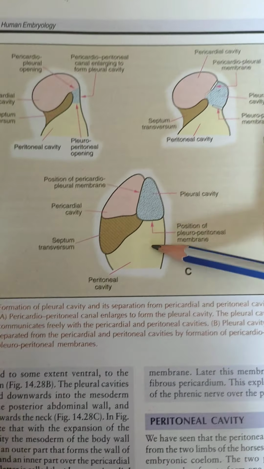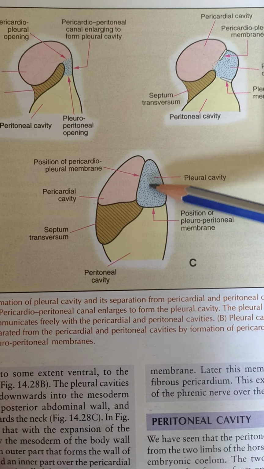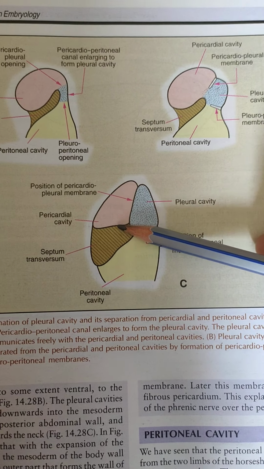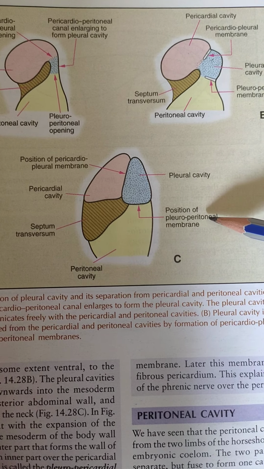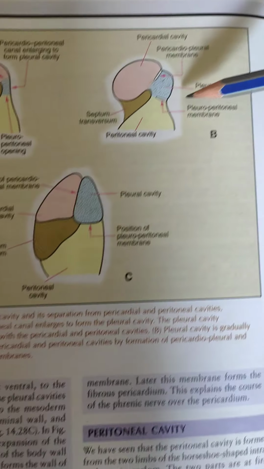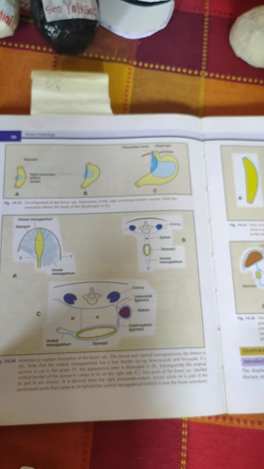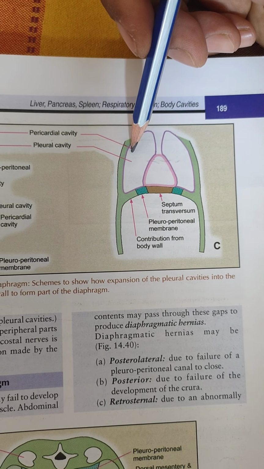So caudally this pleural cavity will be closed entirely by this septum transversum, diaphragm, and posteriorly by this pleuroperitoneal membrane. Okay. So this one is the coronal section.